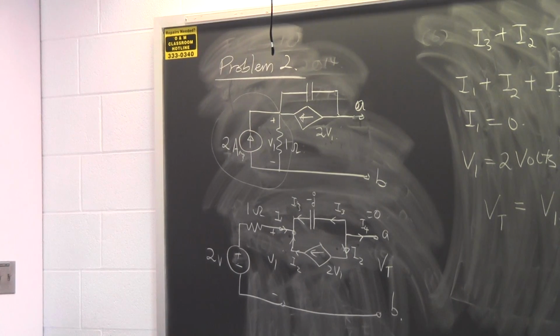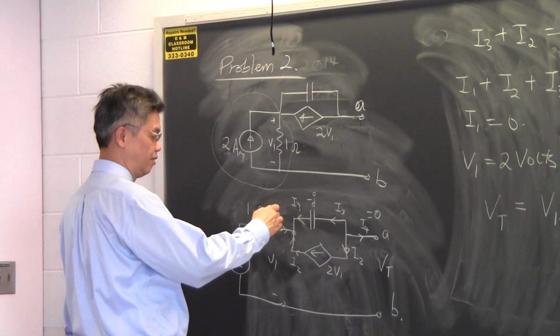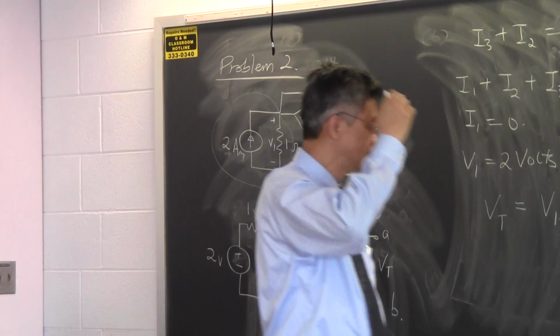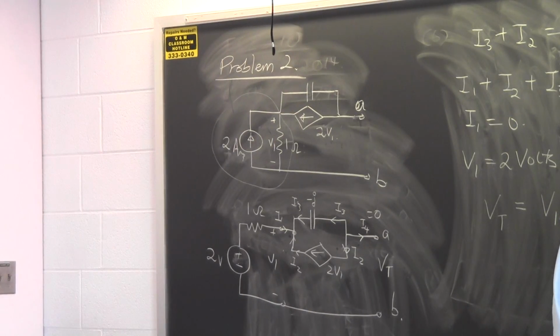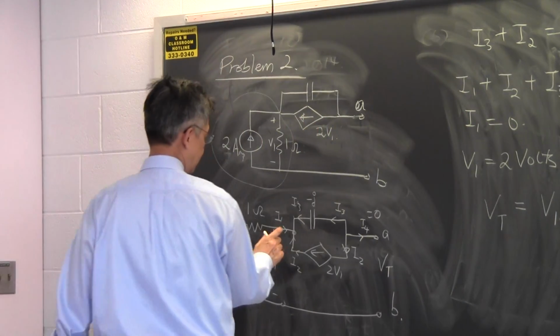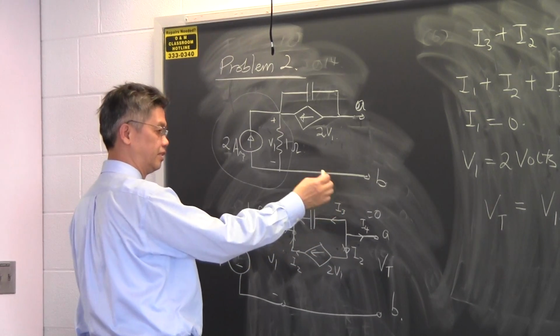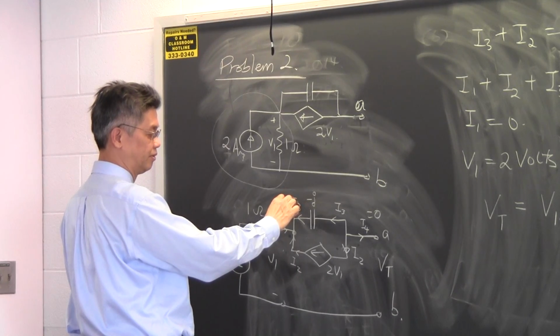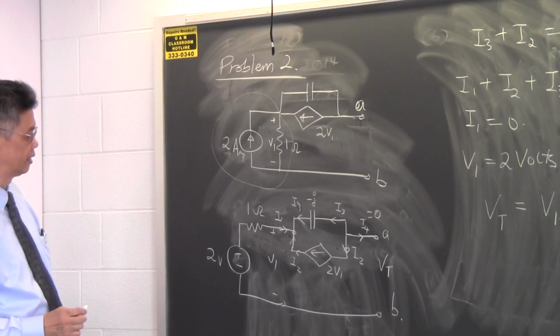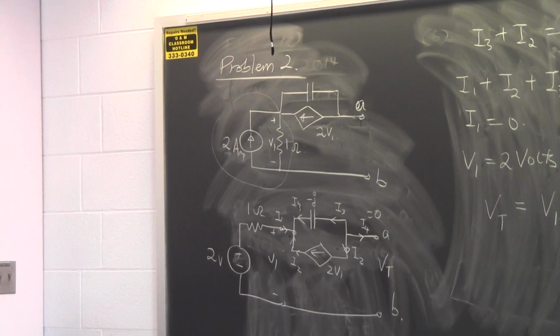Let me see if I get the sign correct. If the current is flowing like this, I3 gives rise to a voltage drop from here to here, so I have to subtract this voltage drop. So V1 minus this thing is equal to VT.